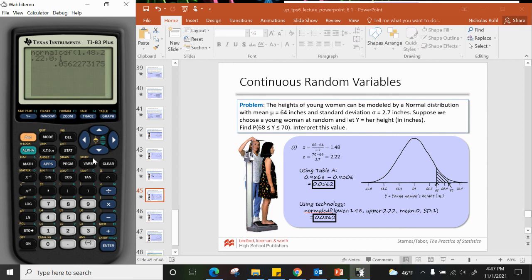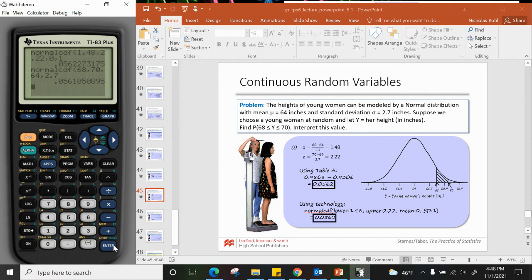If I want to just do it with the values, normal CDF, this will be 68, comma 70, comma my mean, which is 64, comma standard deviation, which is 2.7. Enter, boom, get the same thing out.